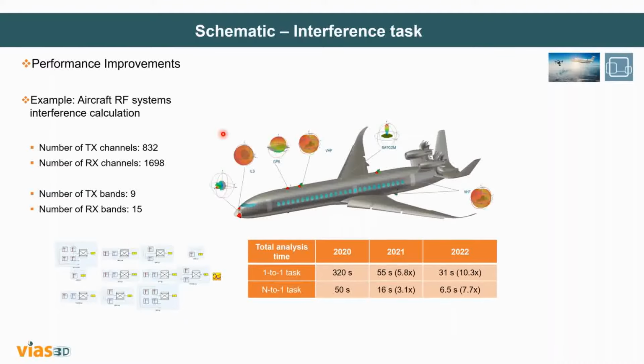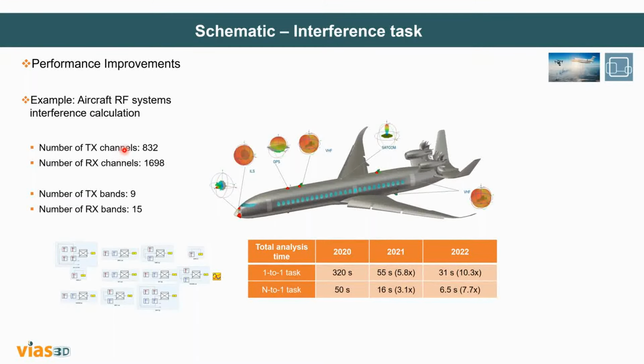So this is one particular example on the interference task, where we can see there are 10 different antennas on your aircraft, and you have a one-to-one task and an N-to-one task. And from 2020 to 2021, you can see the improvement in time for simulating those problems.